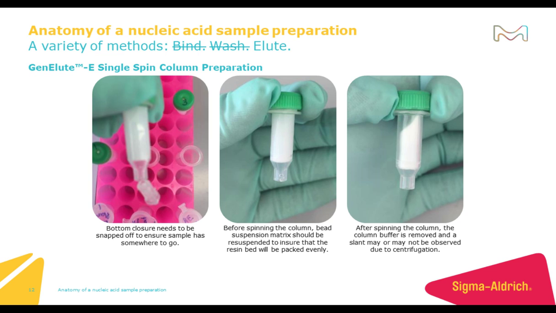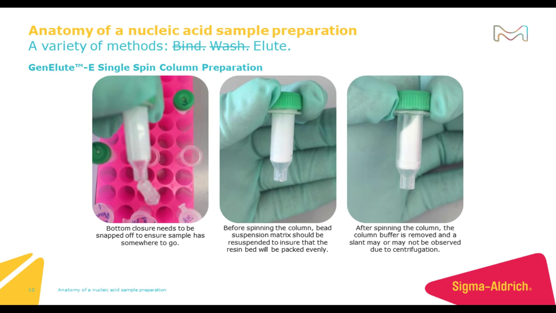Preparing the column for use is a simple process. A separate collection tube is used to collect the void volume from the column and can be reused since it actually never touches the sample. Additionally, the cap should be loosened a quarter of a turn, or a cap punching tool can be used to prevent a vacuum from forming within the column. Beyond that, you need to snap off the bottom closure so the sample has a place to go.